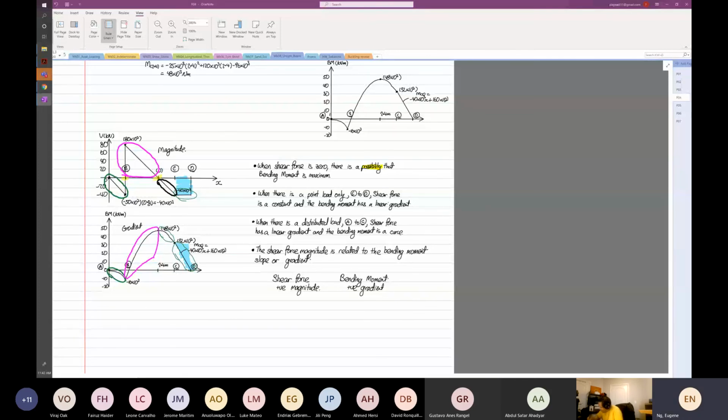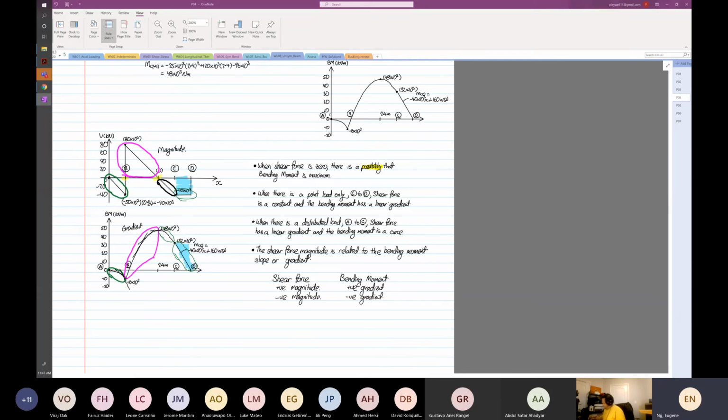So what do I mean by gradient? If I draw a line intersecting over here, they're all what? Positive, right? And then over here between A to B, you draw the slope at a certain point, it is all what? Negative. Okay. So again, when it is negative magnitude, the bending moment has a negative gradient. Okay, so that's the thing I want to emphasize.